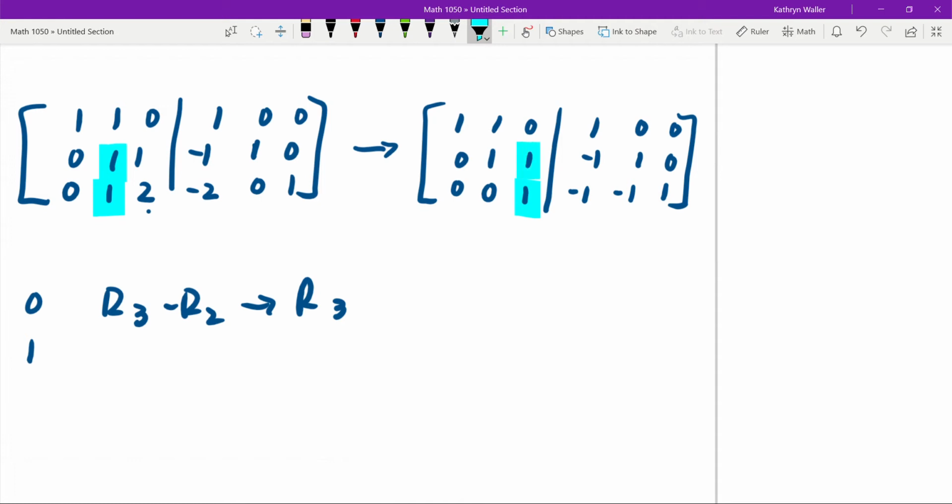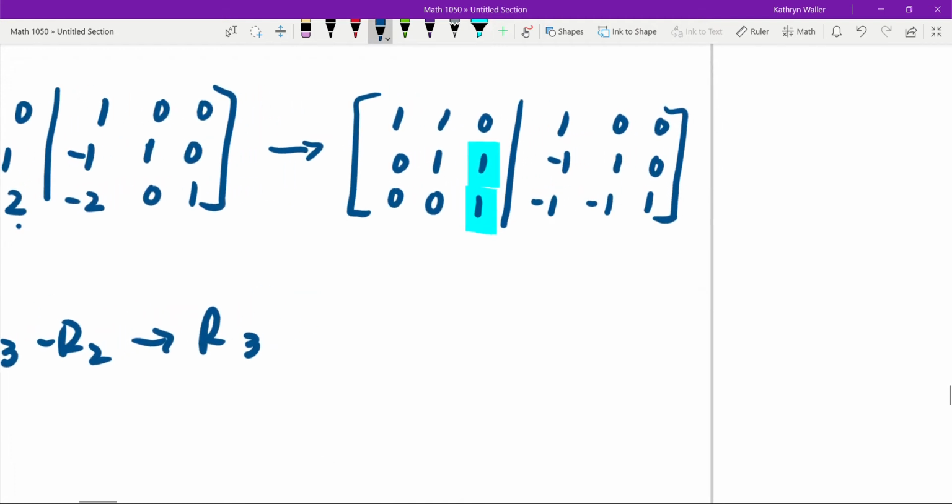So the next one after that is a 0 here. You tell me, should I do row 2 minus row 3 or row 3 minus row 2? Talk to me. I'm going to write them down because nobody's answering me. Okay, so everybody go row 2 minus row 3 becomes my new row 2.